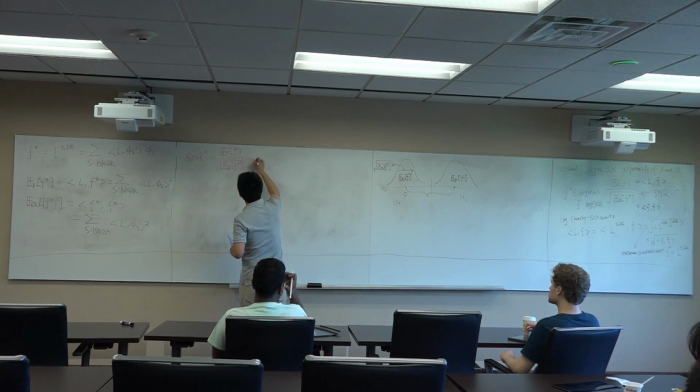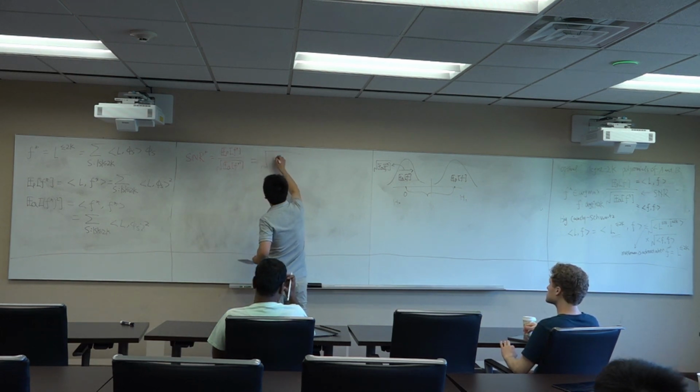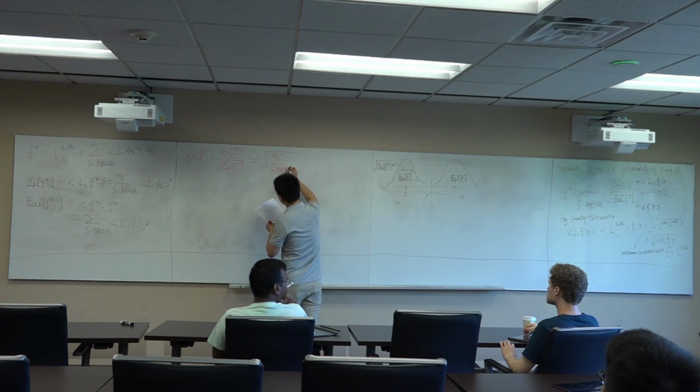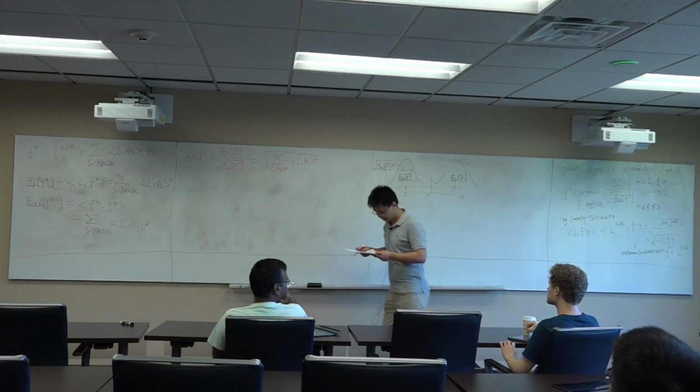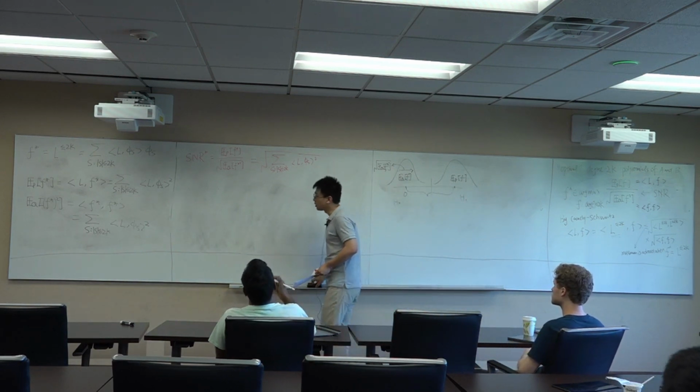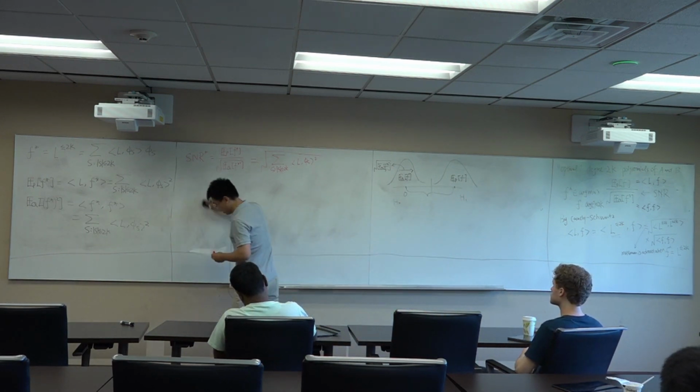And this is just given by the square root of the summation over S, where the size of S is at most 2k, of L phi S squared, right? Make sense, right? So that's basically the calculation that I have.